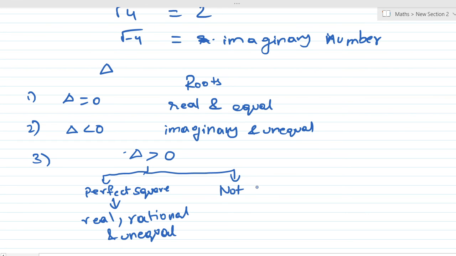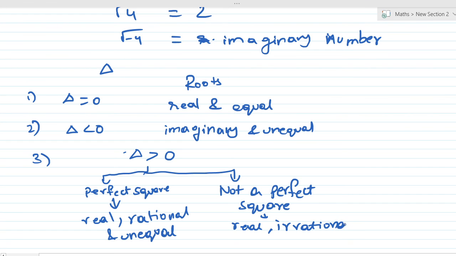If it is not a perfect square, the roots are real, irrational and unequal. This one you need to remember.